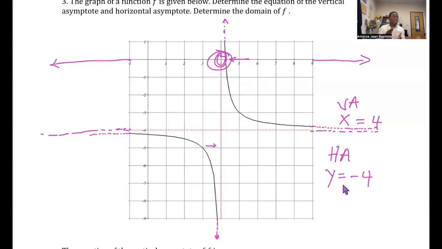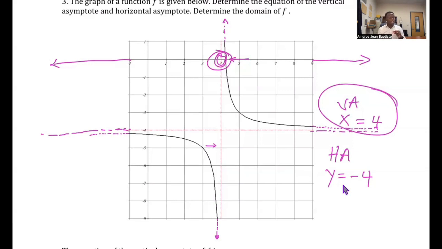If the graph tends to increase or decrease when x approaches a certain given value, then x equals that value is called a vertical asymptote.